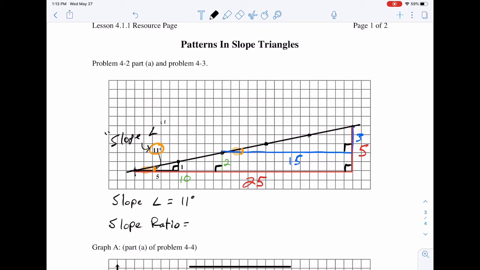Go ahead and calculate the slope ratio. Again, the slope ratio is change in y over the change in x, or rise over run. Hit pause, try and find that, and then hit play.